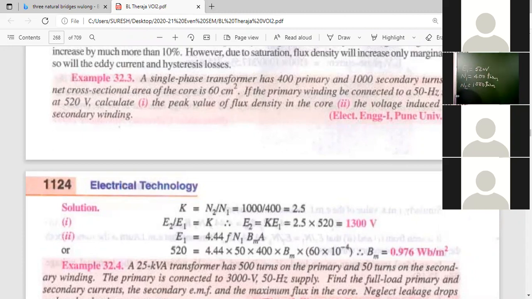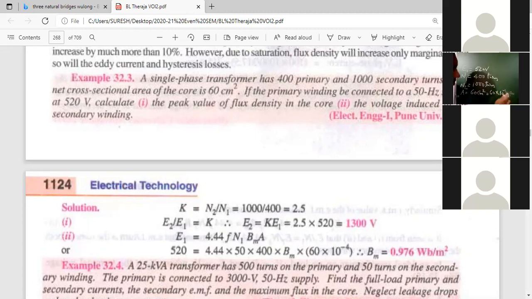And he is giving the area. What is the area? 60 centimeters square. Convert into meter square. 1 centimeter is equal to 10 power minus 2 meter. 10 power minus 2 whole square is 10 power minus 4.